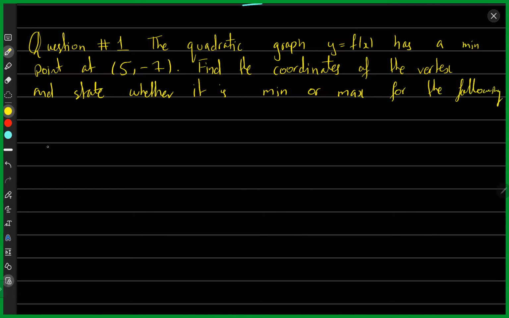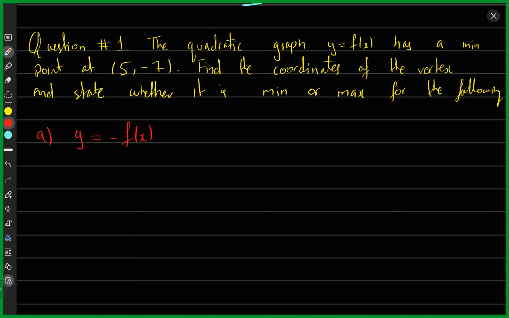Okay. Part A says y equals minus f of x. Let's discuss this. The quadratic graph y equals f of x has a minimum point at 5, minus 7.